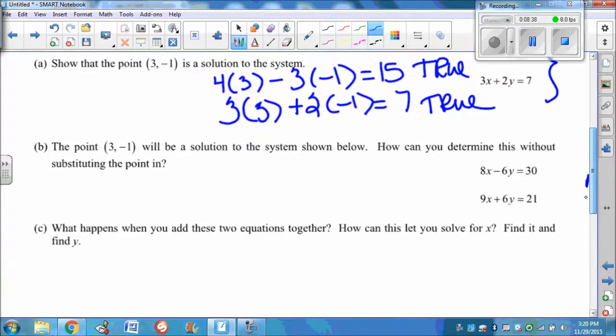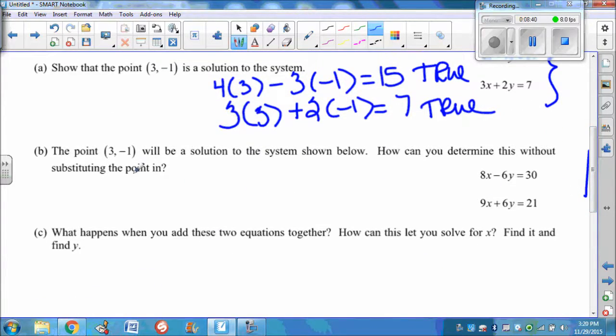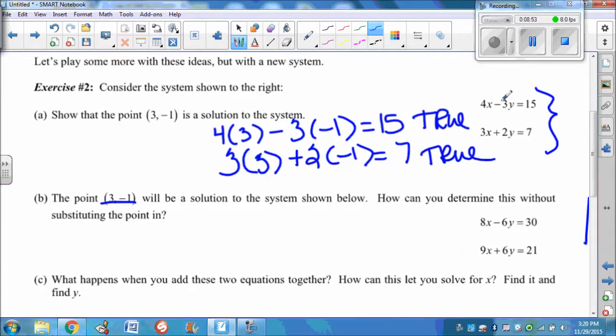So now it says the point (3, -1) will be a solution to the system shown below. It's telling us that it is a solution. How can you determine this without substituting the point in? So let's compare the original, okay, these two equations. And now what kind of pattern do you see from this first equation to this second equation?